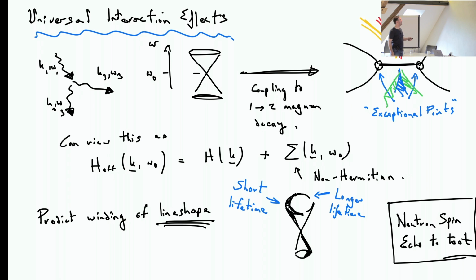I'll be very brief here, but it turns out that around these linear touching points in the presence of magnon decay processes, one can view this as a linear spin wave problem plus a contribution coming from interactions that is necessarily non-Hermitian because of the damping of the magnons. And it turns out that this universally gives you a winding of the line shape, not of the intensity, so of the magnon lifetime, in exactly the same way as winding in the intensity.